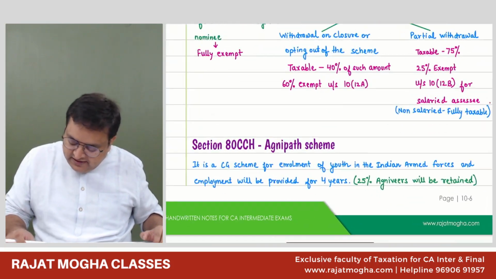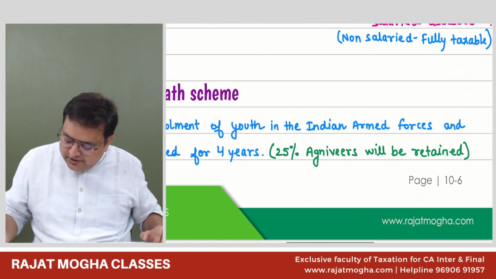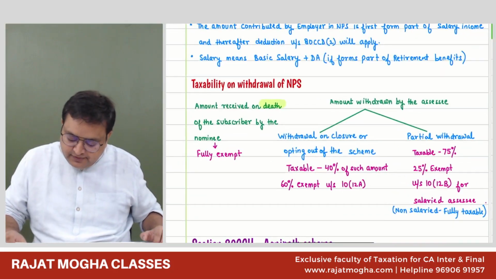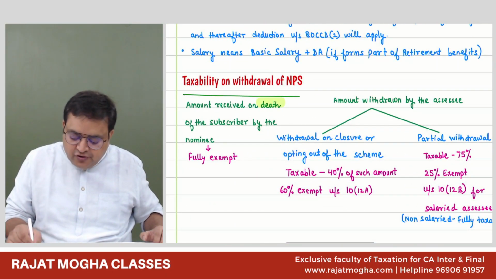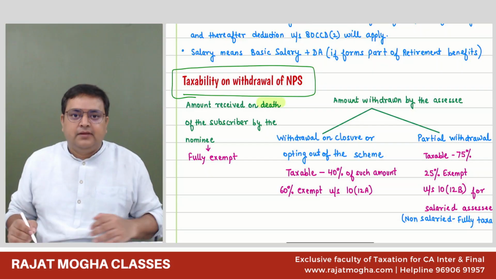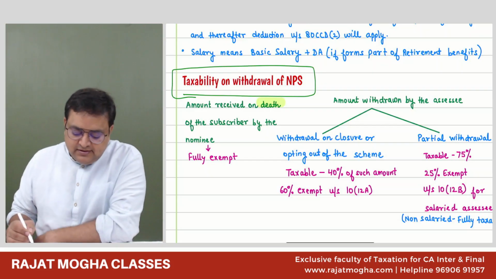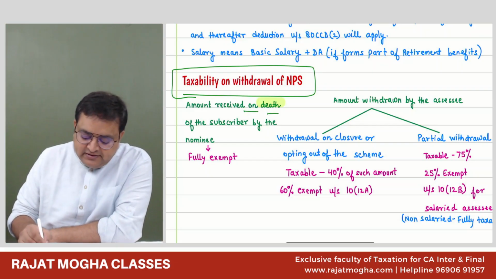Right now you can just see it, although it is in your notes in your book, page number 10.6. See, taxability on withdrawal of NPS. When you withdraw your NPS, the amount received on death of the subscriber by the nominee is fully exempt.